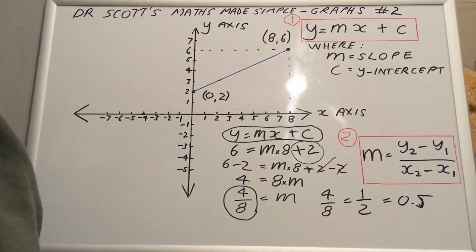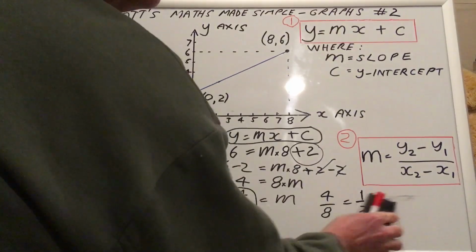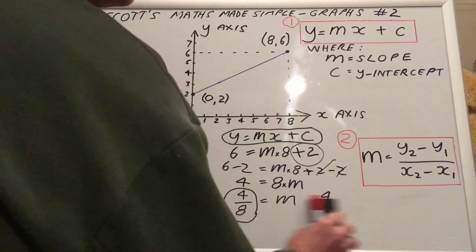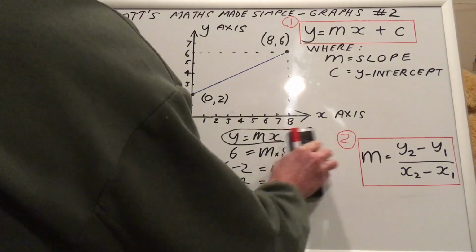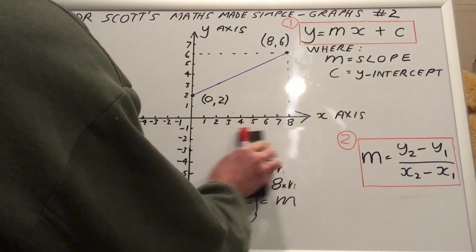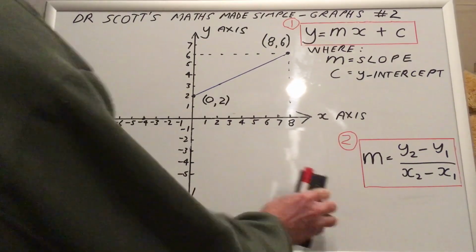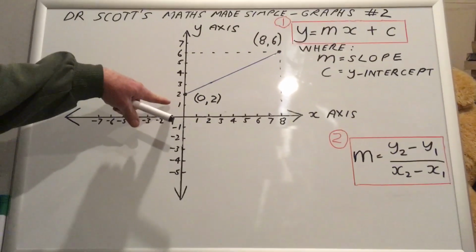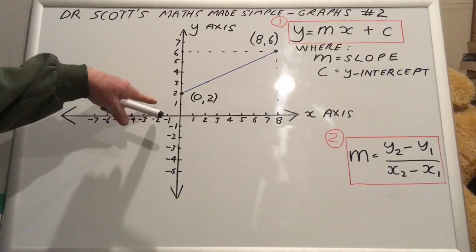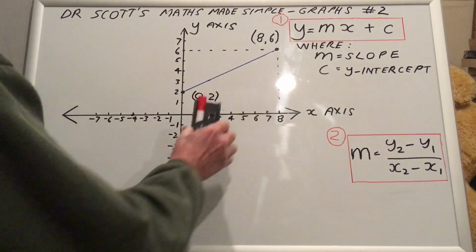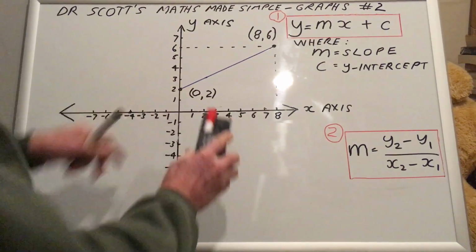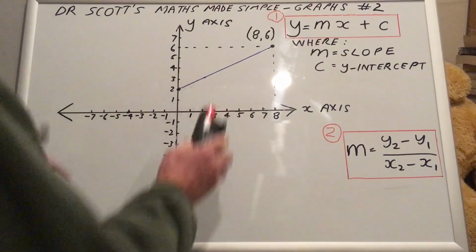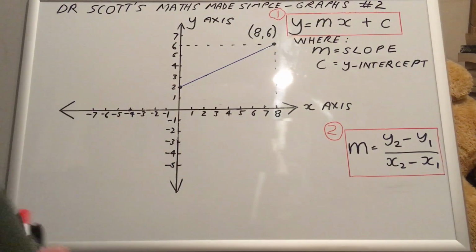But then sometimes you won't be so lucky. Sometimes the teachers can be tricky, and they won't give us c, the y-intercept. And they'll still expect us to work out the slope of the line. So let's pretend we don't have this point. We think it might be 0, 2, but we're not sure.